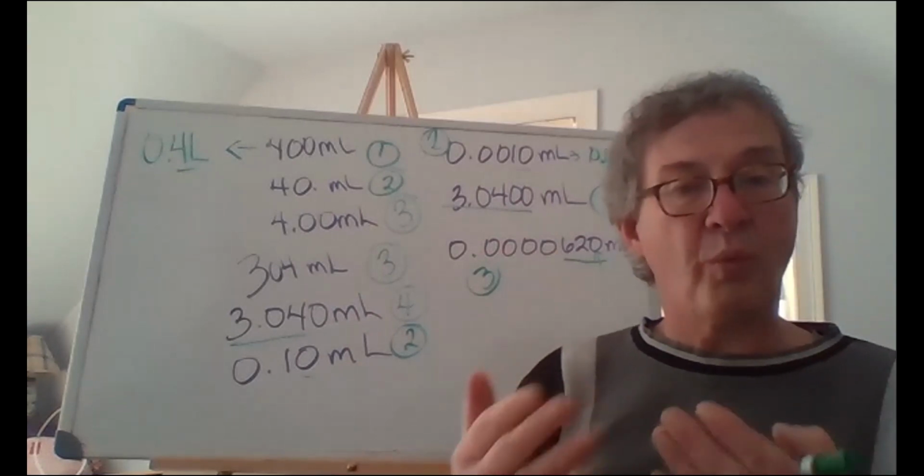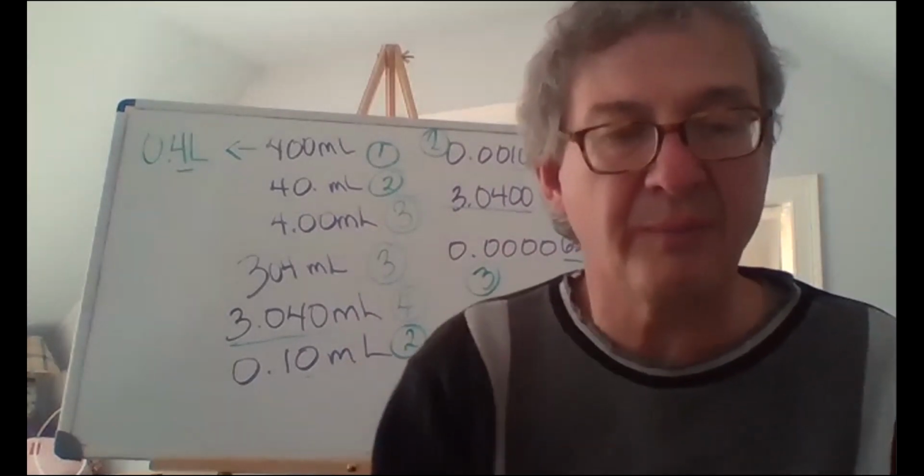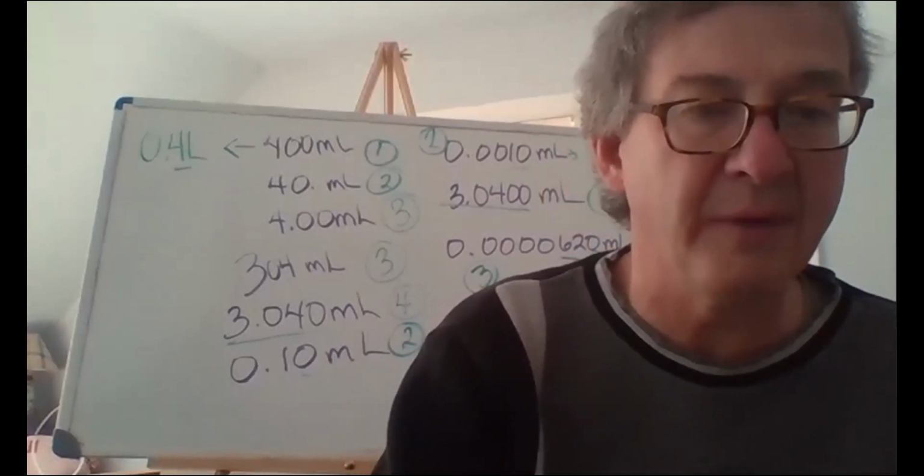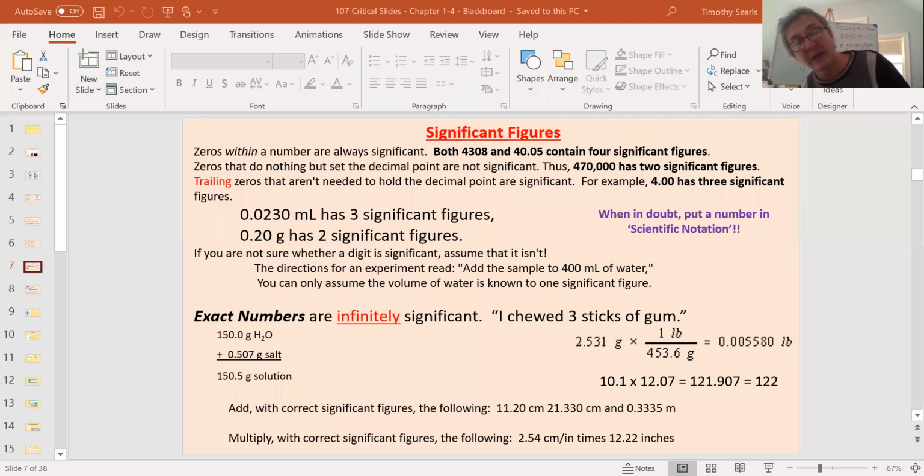So what is a significant figure? Well, you have to look at this image again, watch this video again, look at these examples from the PowerPoint. Be aware of the idea of infinitely significant, otherwise known as exact numbers. So how many summers have I taught an online course? 1.